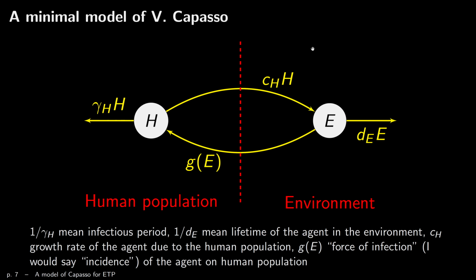The model that he looks at is a very minimalistic model, I would say, but it incorporates what we really want to see in an environmentally transmitted pathogen model. It very simply looks at the human population, and H here is the fraction or the number, depending on the cases.